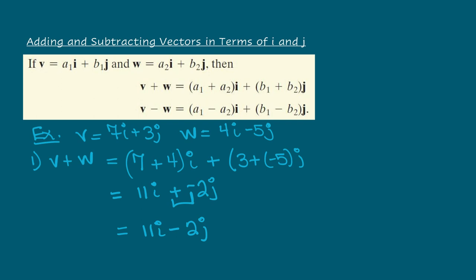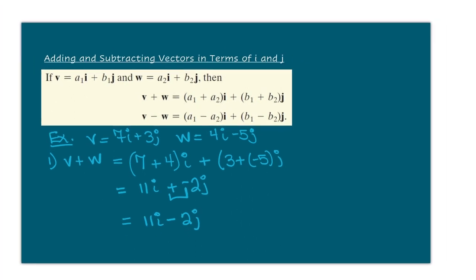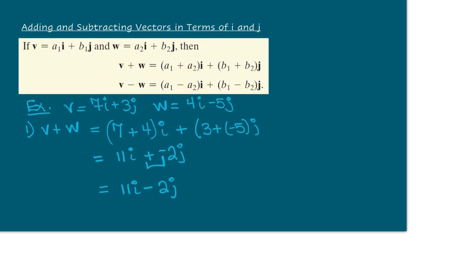Now, if I want to subtract, let me give myself a little bit more room here. If I want to subtract v minus w, I'm going to do the same thing.